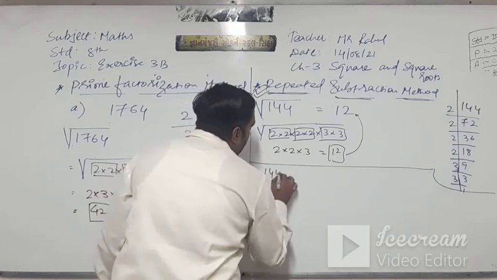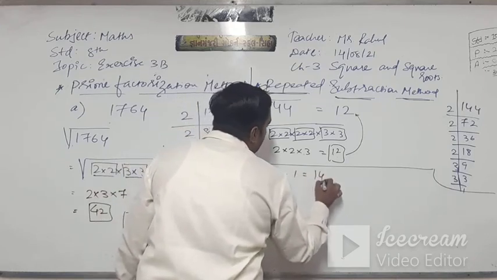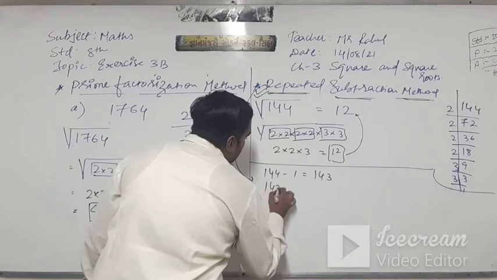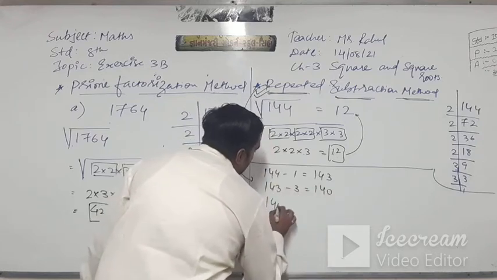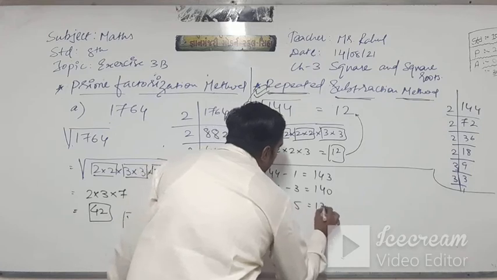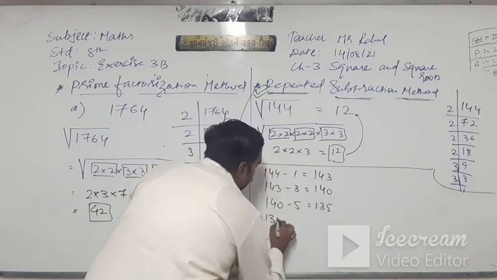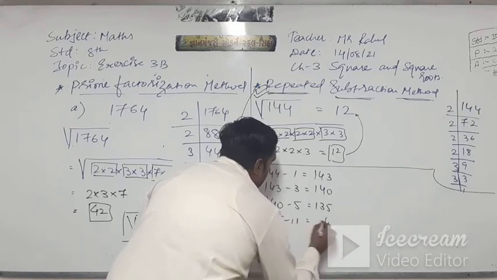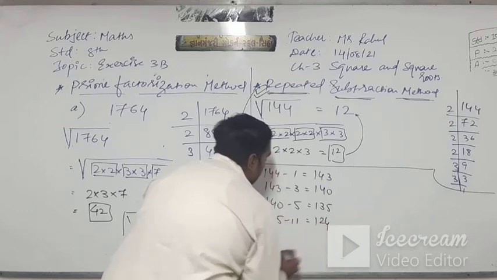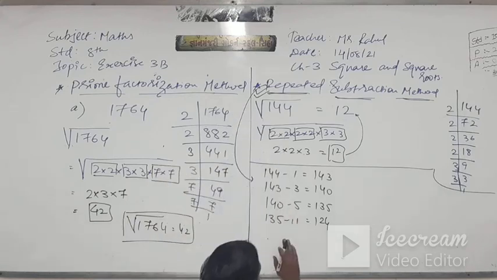So 144, first of all minus 1, there is 143. After that 143 minus 3, there is 140. After the 140 minus 5, there is 135. 135 minus 11, there is 124. Clear?